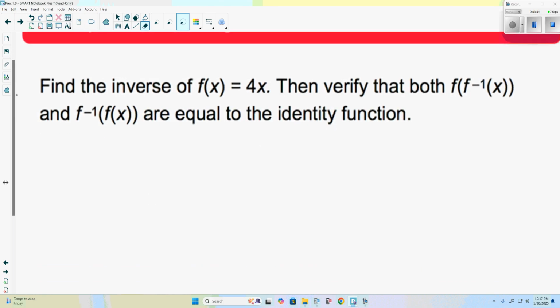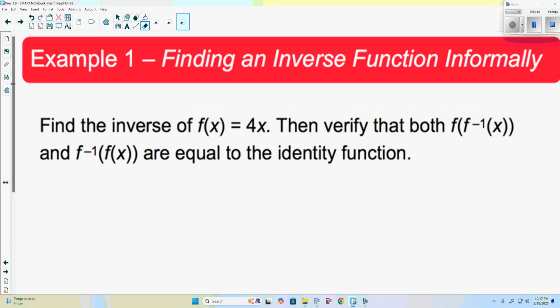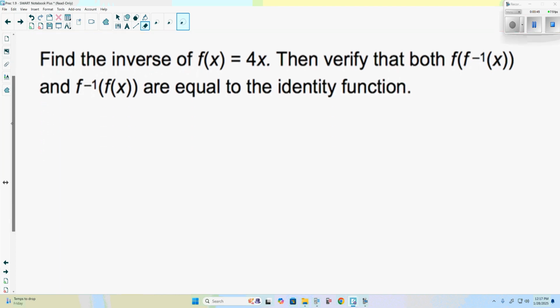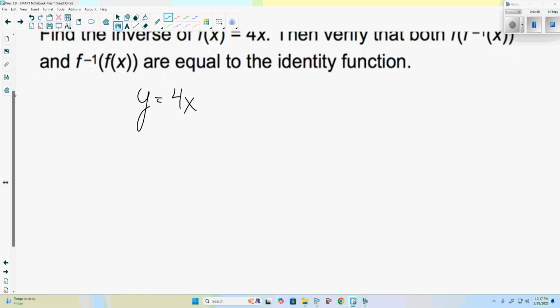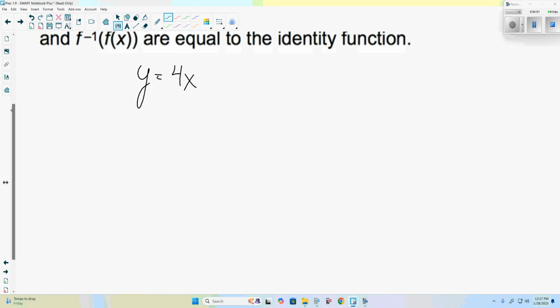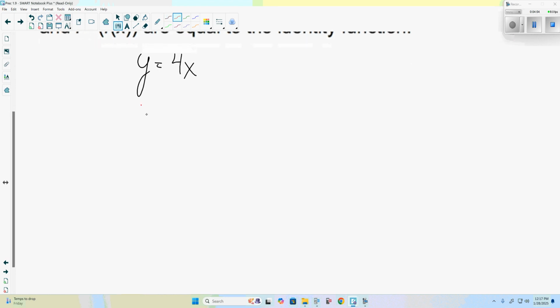Find the inverse of 4x and then verify. So if we're finding the inverse of 4x, the main way we went about finding this was first replacing f of x with y. Our second step is to switch the x and y.